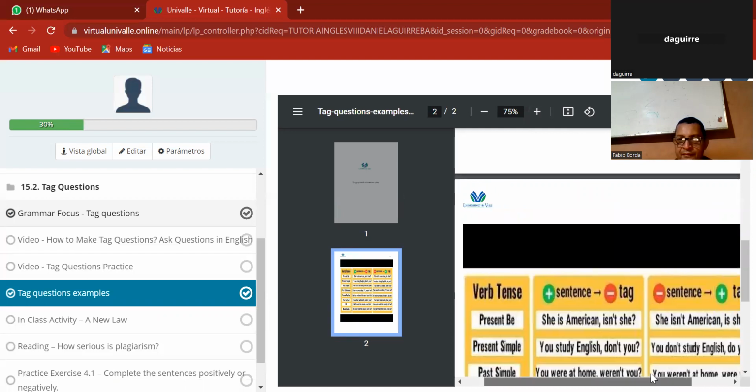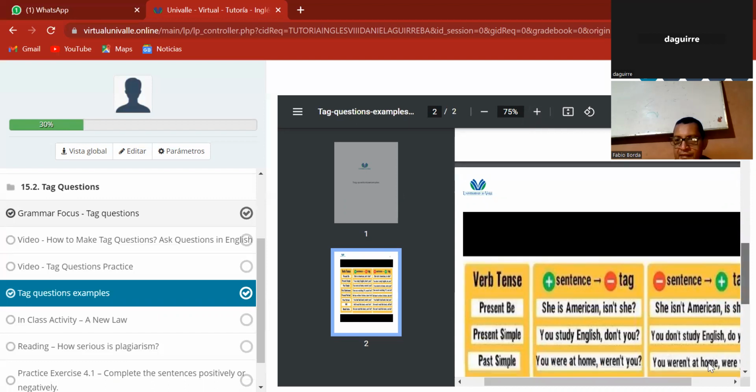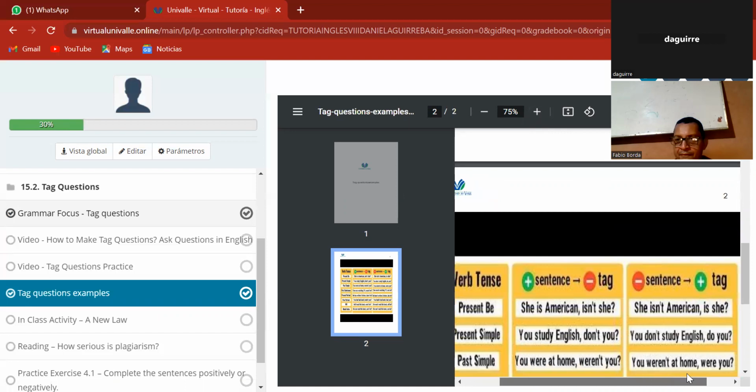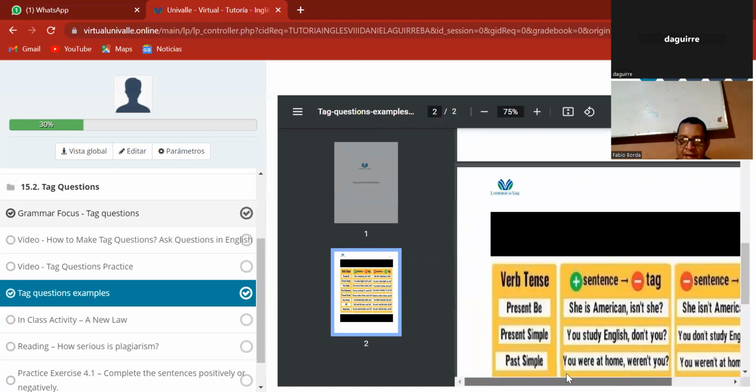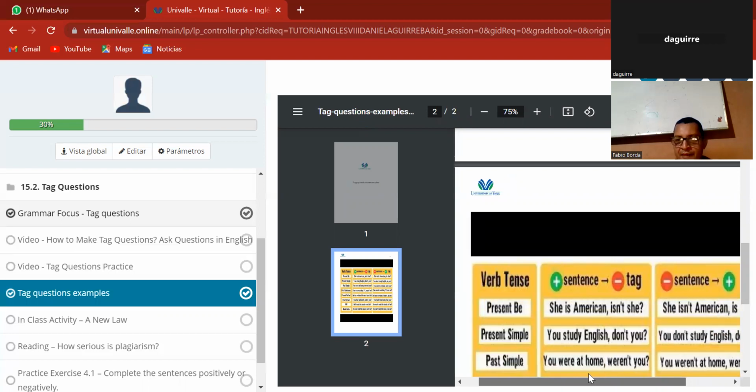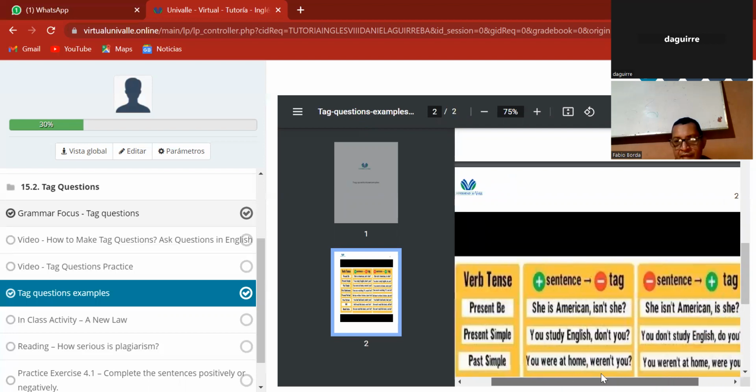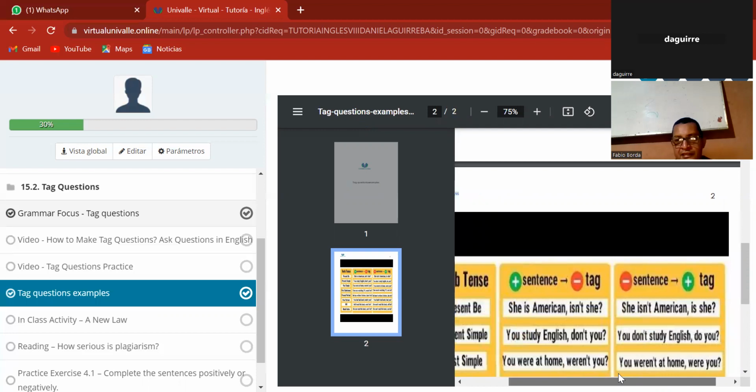Okay, tag question examples. Here we have verb tense, positive sentence and negative tags, and the next one is negative sentence plus a positive tag. The present be: she is American, isn't she? She isn't American, is she? Can you observe the difference?